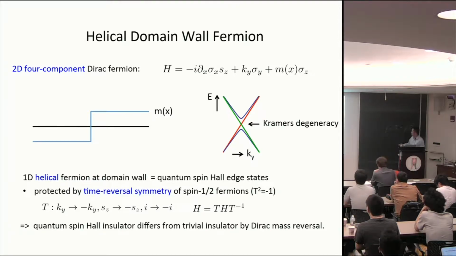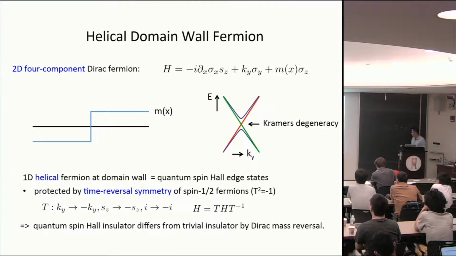And the net result is that, solving this domain wall problem, there are now 2 branches of subgap states, and one has spin up, one has spin down, and they move in opposite directions. And the whole system now is time reversal invariant. So the time reversal partner of a spin up state moving in one direction is the spin down state moving in the opposite direction.